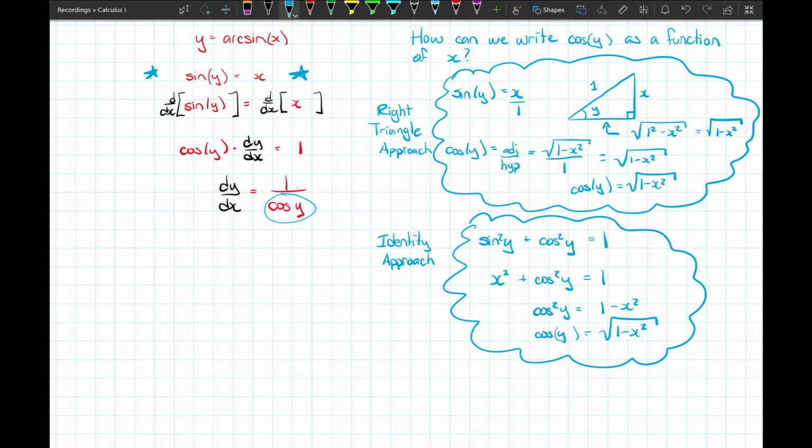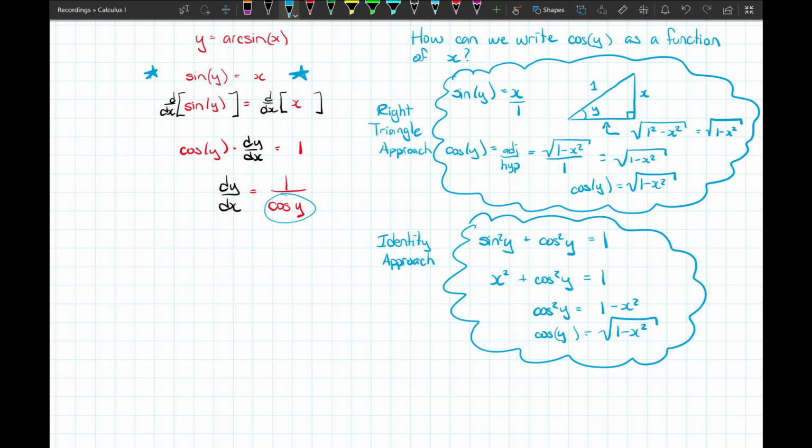And both of these are useful. You may find that right triangles are a little bit easier to remember if you can remember opposite, adjacent, and hypotenuse and the common ratios and things like SOHCAHTOA for sine, cosine, and tangent. The identity approach can be very useful, but you'll also have to use the Pythagorean identities occasionally for things like secant and tangent, cosecant and cotangent, and perhaps those are a little bit trickier to remember in some circumstances.